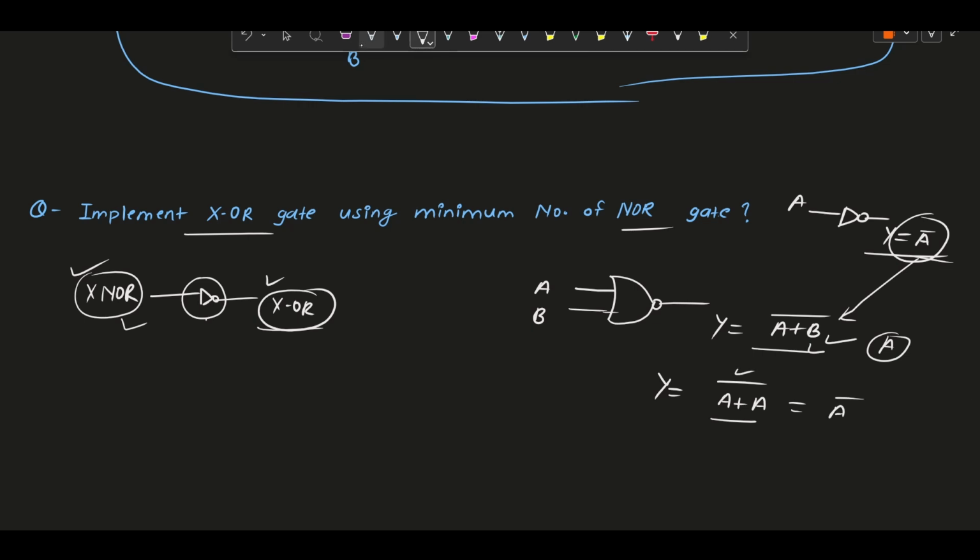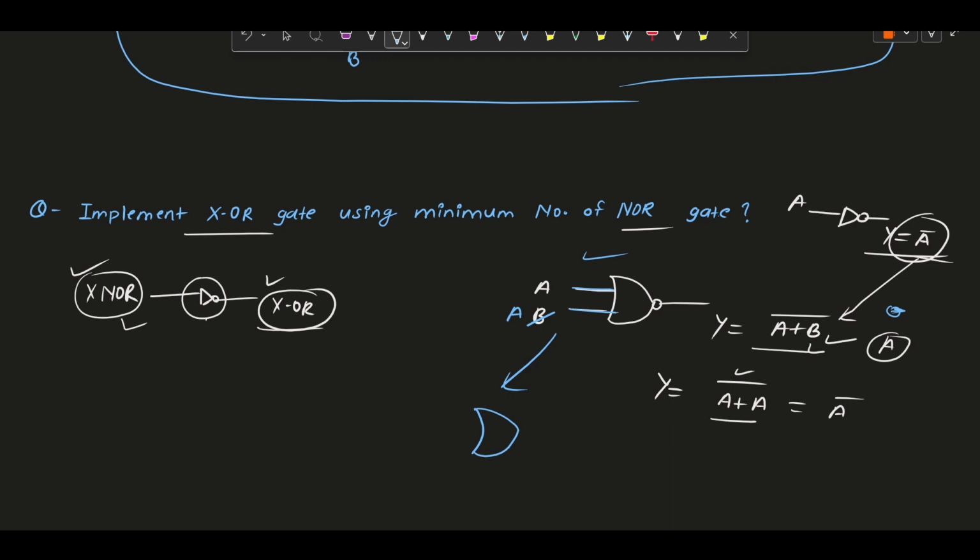So instead of B, I need to provide the A input on the second leg of this NOR gate as well, so that we get the NOT gate as the output of this NOR gate.